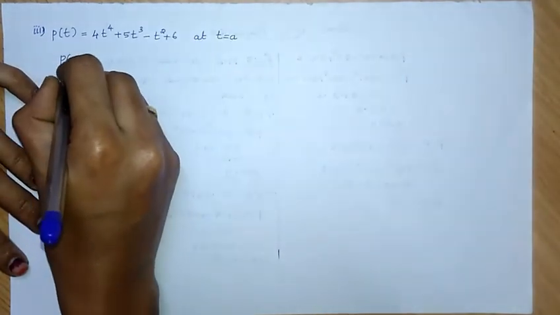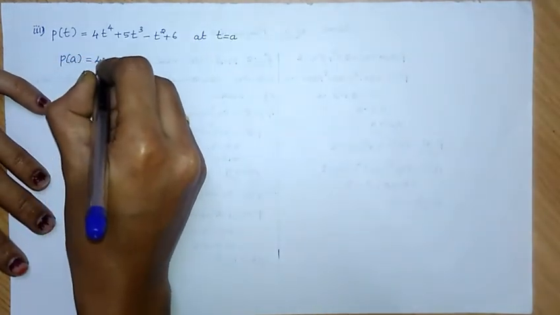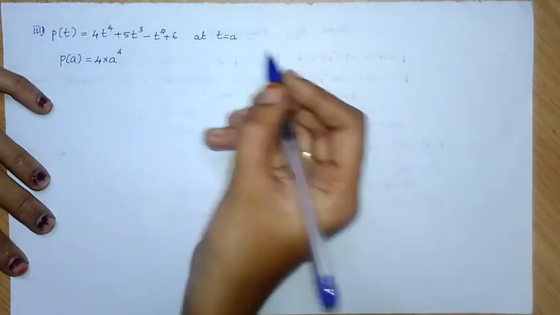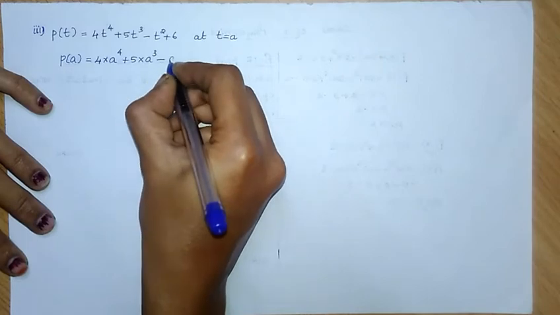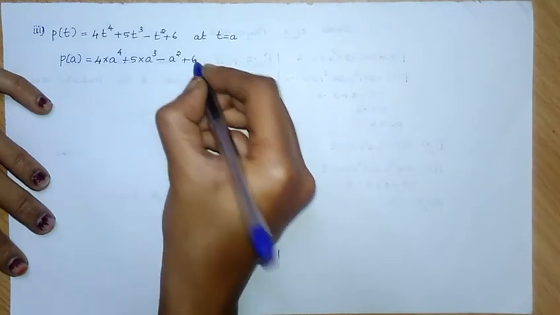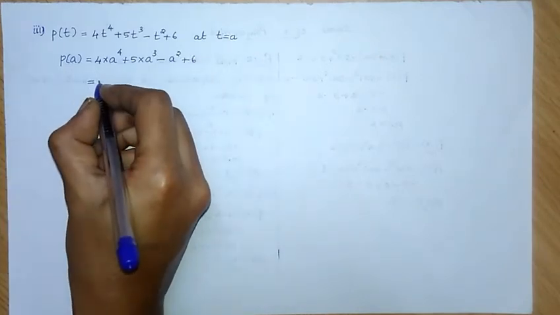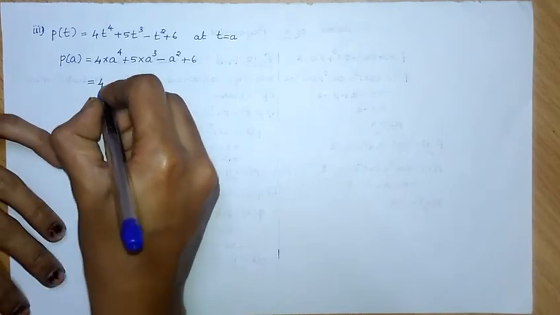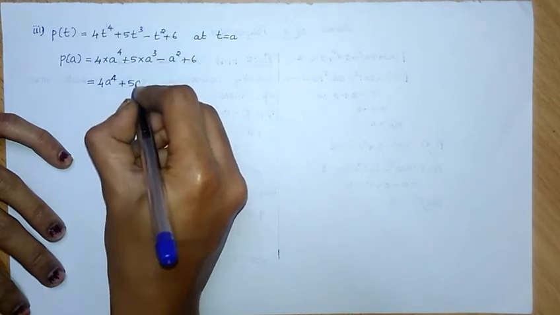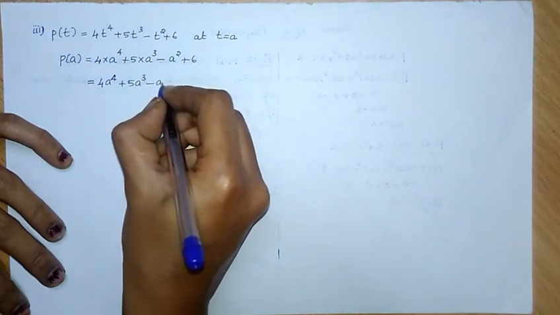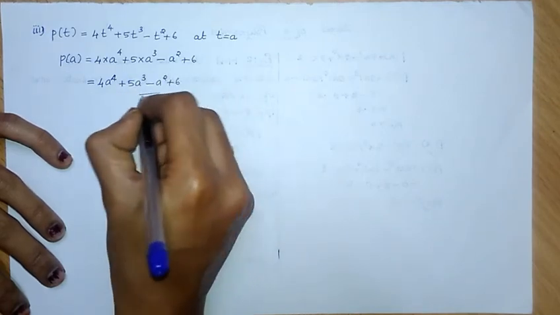So P of a equal to 4 into a power 4 plus 5 into a cube minus a square plus 6, which is equal to 4a power 4 plus 5a cube minus a square plus 6.